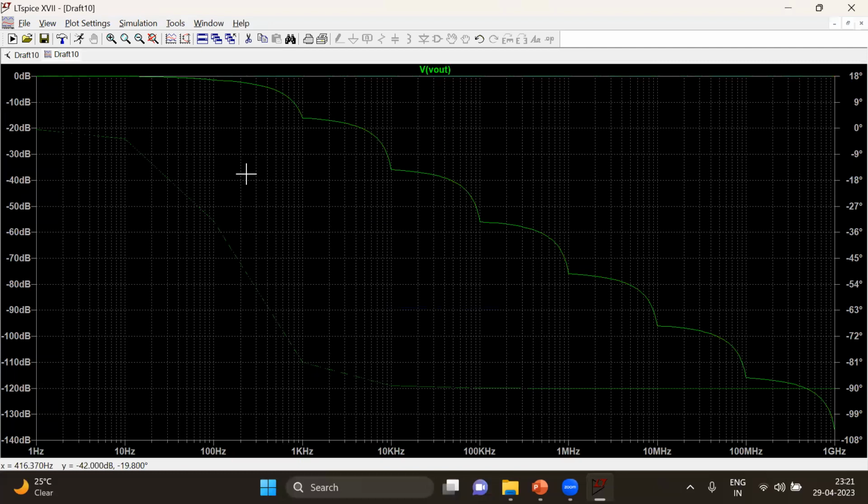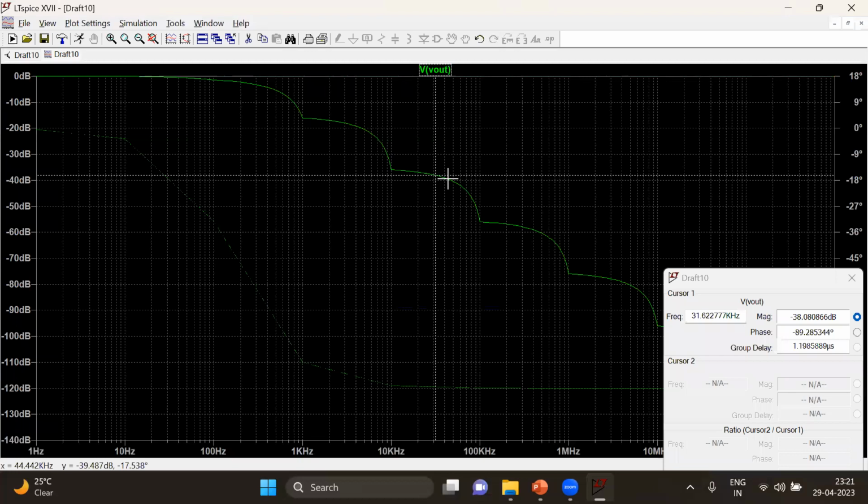So you can see that from 0 dB our output is getting down, and this is the phase angle which finally went to 90 degrees. So let us check what the 3 dB frequency is over here.